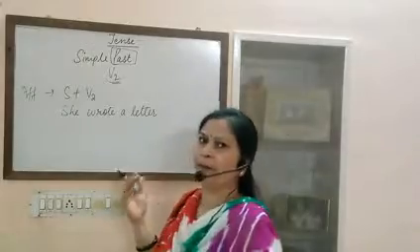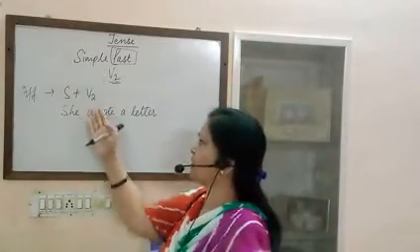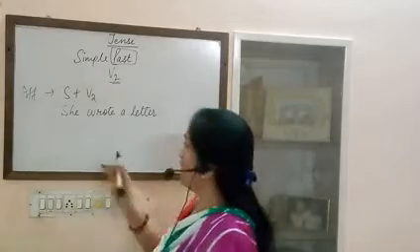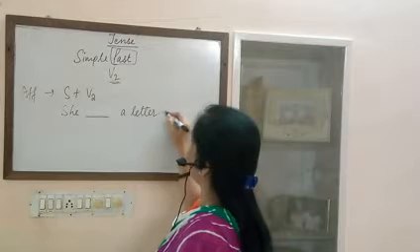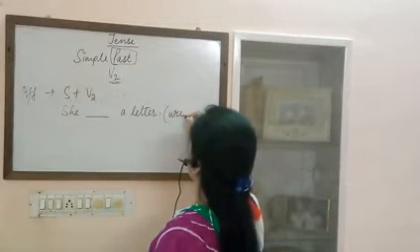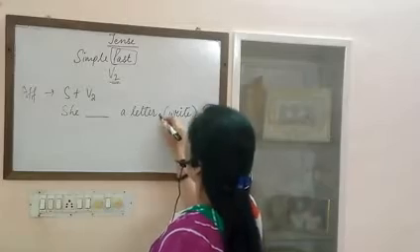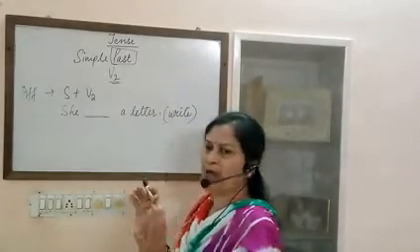It seems very simple when we study through formula. But if I simply rub this with a blank and give you to fill this blank, then what would be the answer?